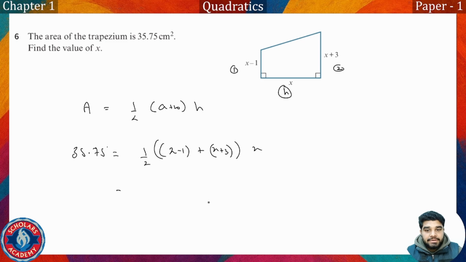So we get half of x minus 1 plus x plus 3 times x, that is half of 2x plus 2 times x.